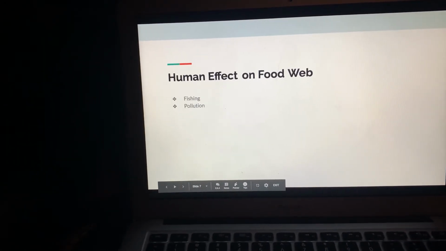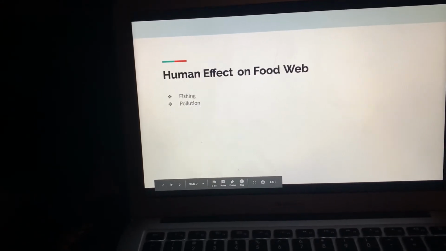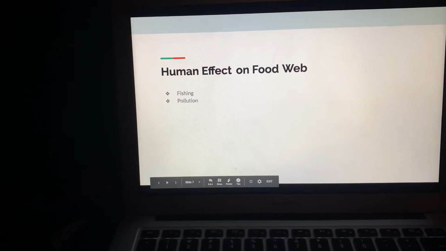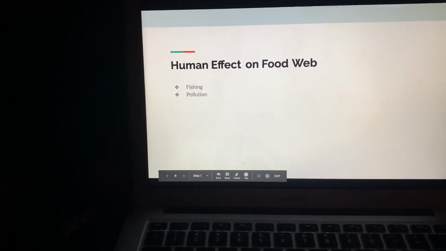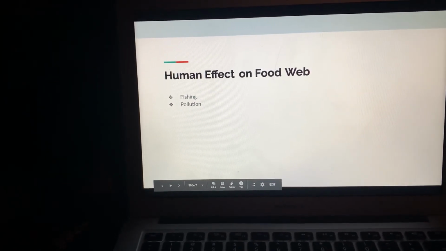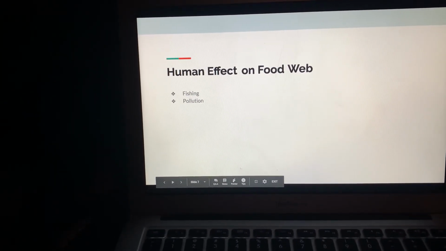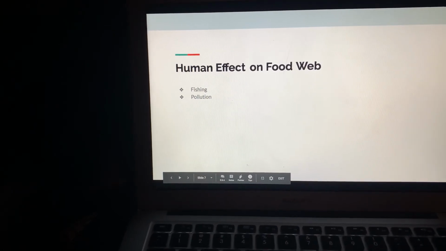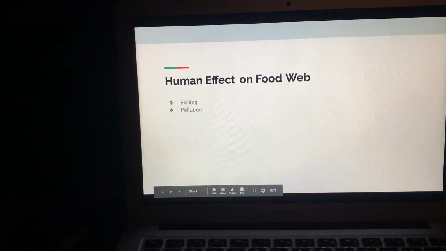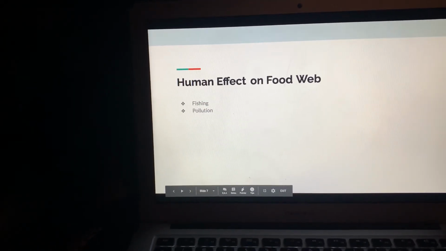So that's a huge problem. And also pollution. Throughout the years, pollution has been a huge problem for the oceans, and us not taking care of it causes many problems by killing many marine life and not letting them live properly and well, and it affects the whole community.